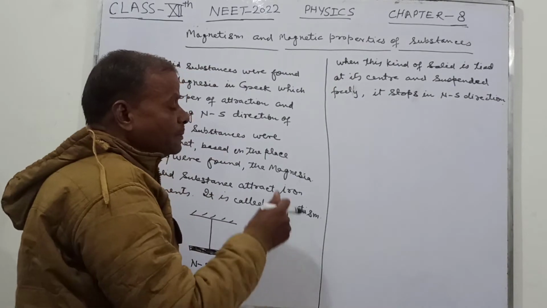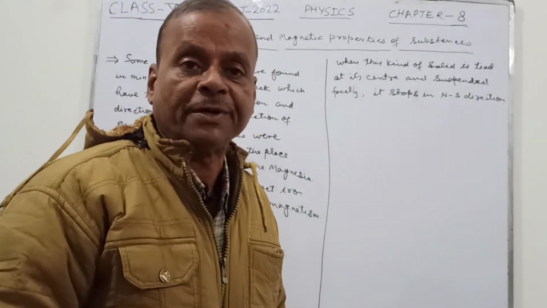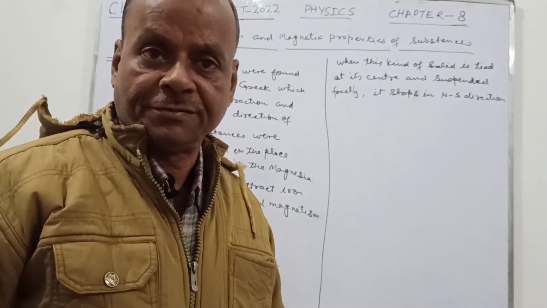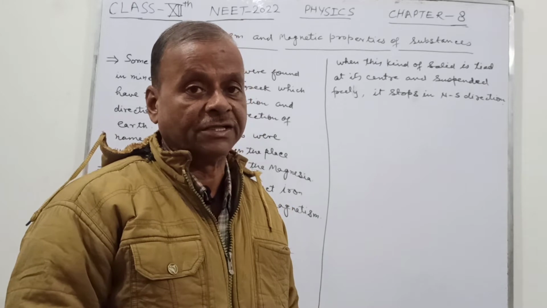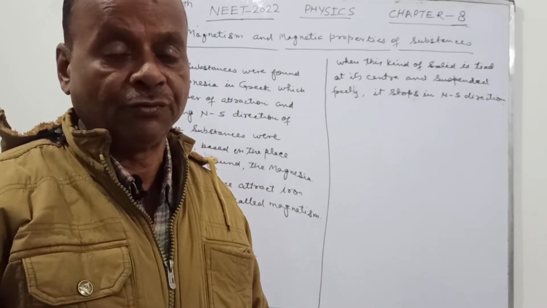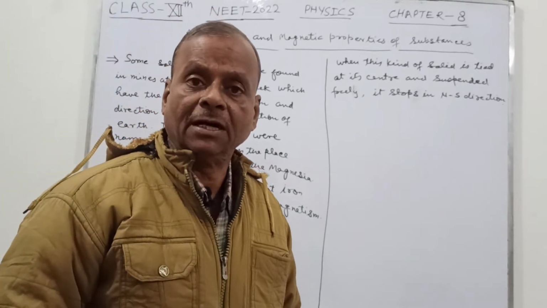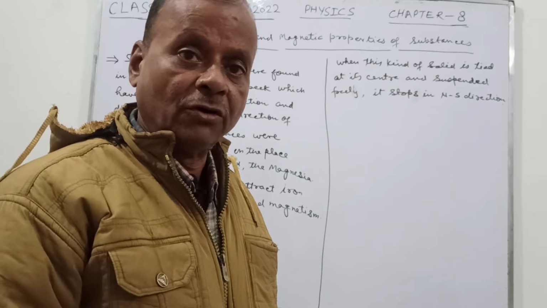So they have the directional property. Initially these substances were used by the sailors when they went on a sea voyage, so that they would find the direction and locate where they are and at how much distance they are from their origin.